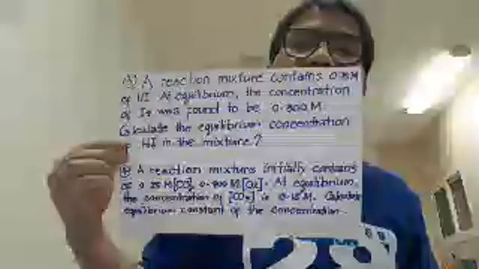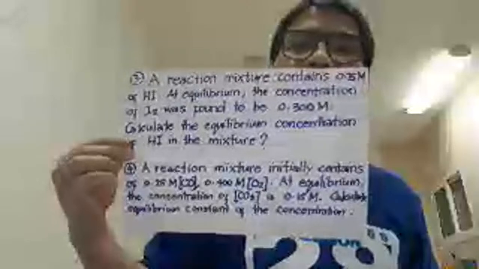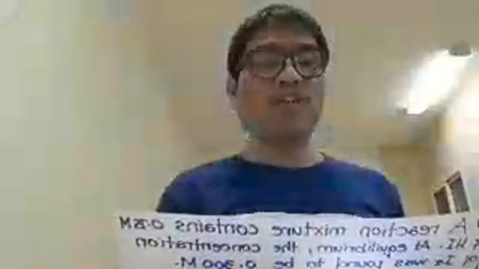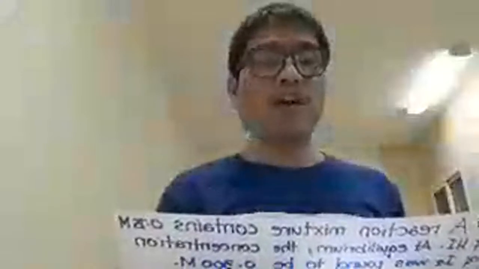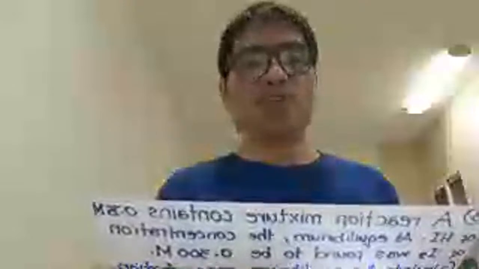Problem number 3. Okay, I will read now. A reaction mixture contains 0.75 molar of HI. At equilibrium, the concentration of I2 was found to be the equilibrium concentration of HI in the mixture. Looking for the equilibrium constant of the mixture.